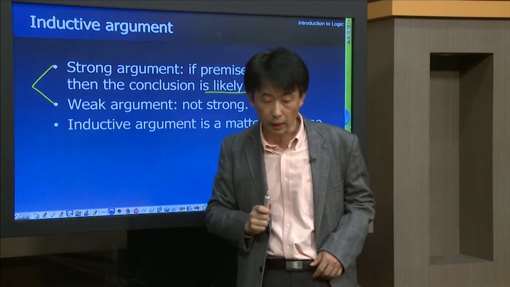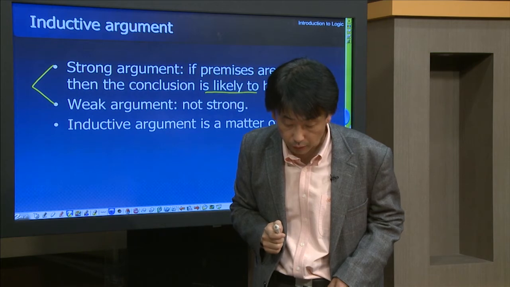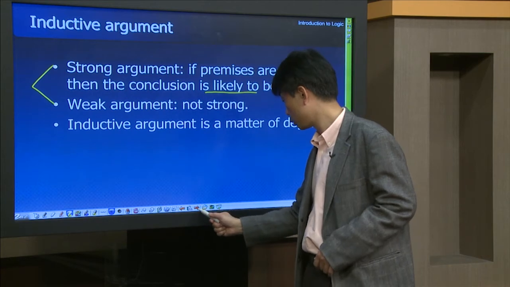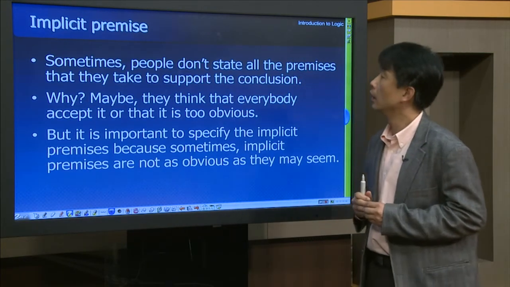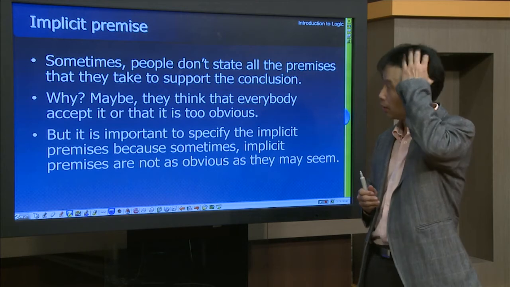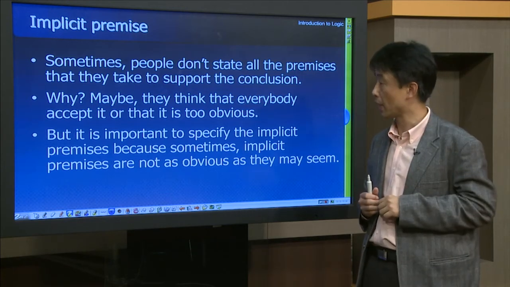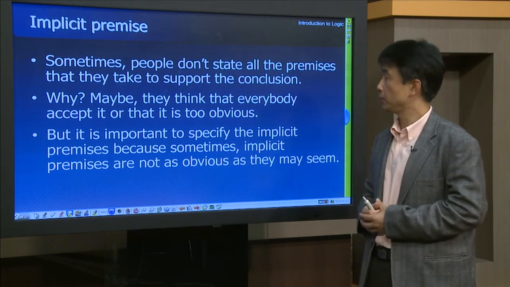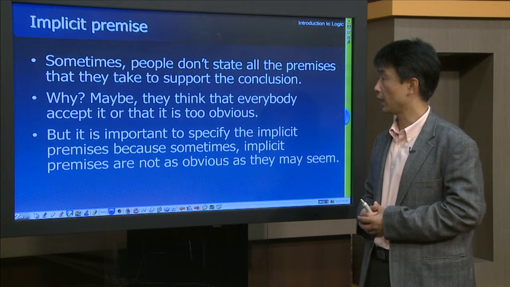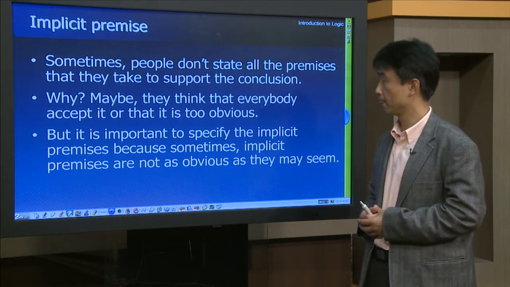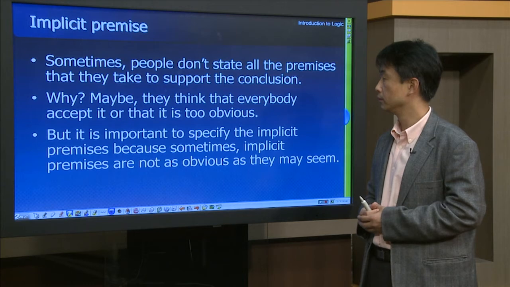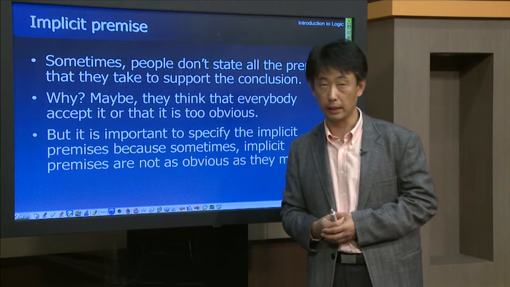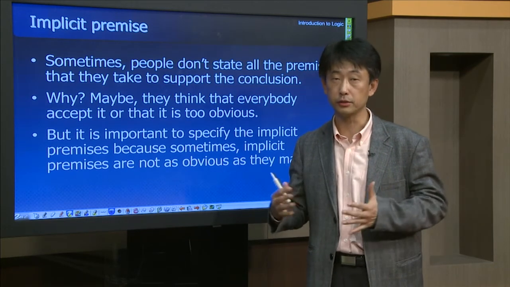There is another item that I would like to explain in this chapter. Let's move on to the final thing here. In the textbook, you will see the concept of implicit premise. What is an implicit premise? Sometimes people don't state all the premises that they take to support the conclusion. Why? They think that everybody accepts it, or that it's too obvious, so there is no need to state it explicitly.